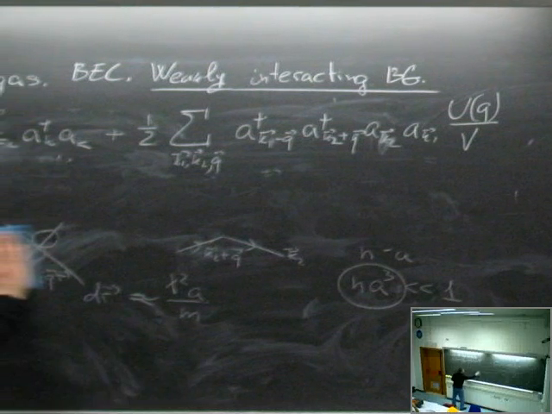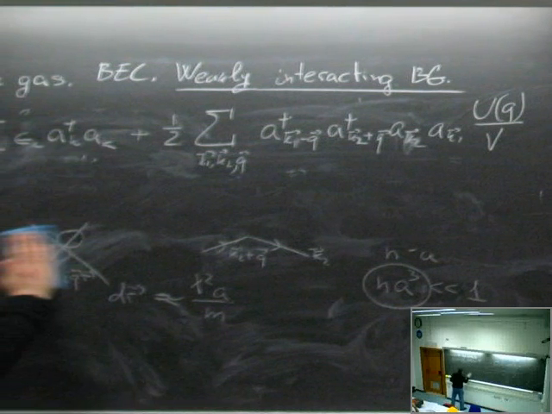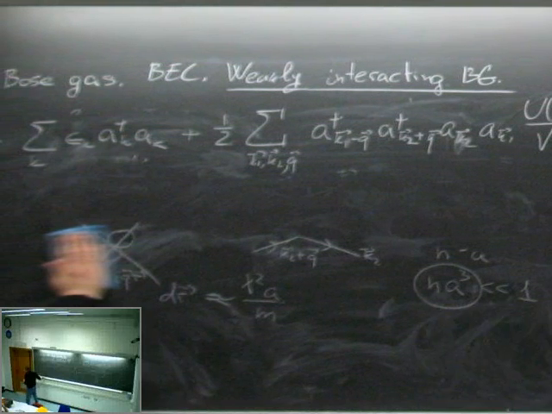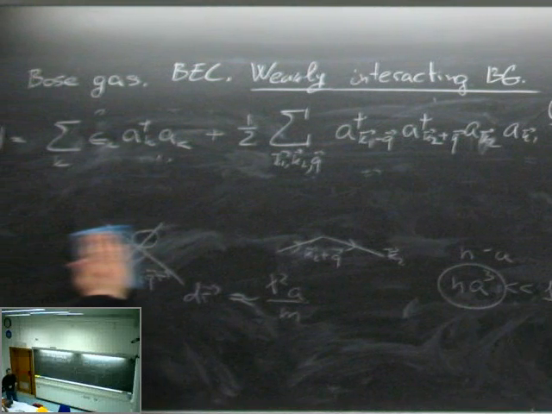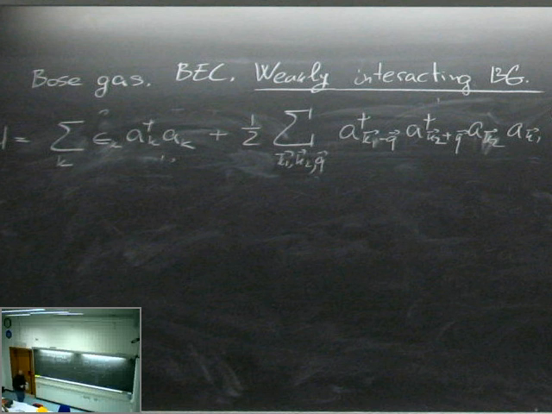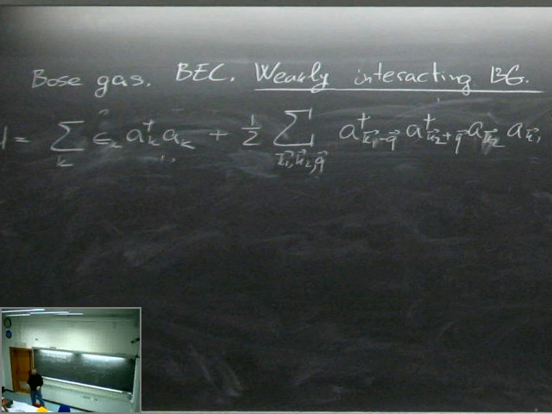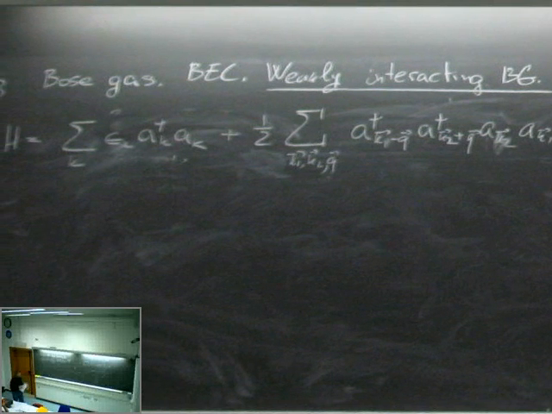Namely, we classify processes and eventually drop all the processes involving both particles being out of condensate. We will take into account only the processes where one of the particles which scatters on another particle is in the condensate while the other one is out of the condensate.